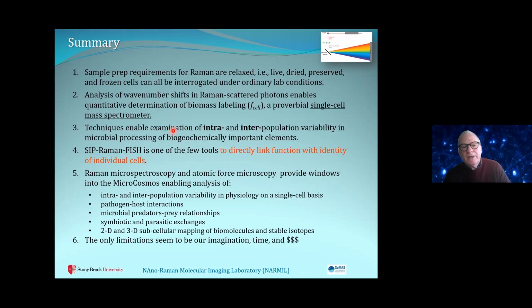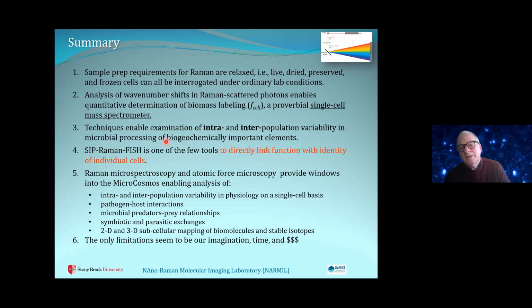The techniques that we and other folks that are using Raman are enabling us to look at both intra and interpopulation variability in microbial processing of important elements in the ocean or in any ecosystem that you care to think of. SIP Raman FISH is one of the few tools that can directly link function with identity.